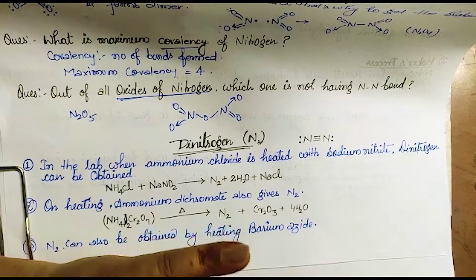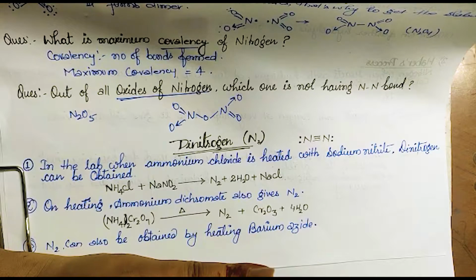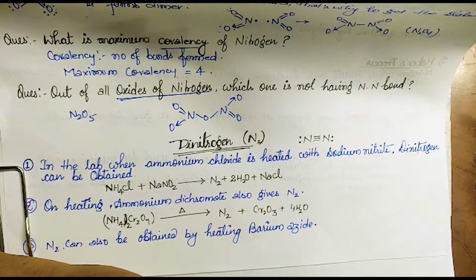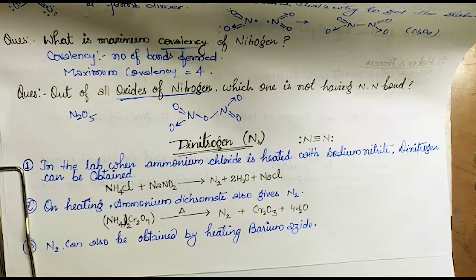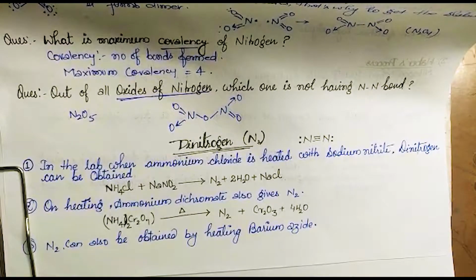Got it? If oxidation is occurring in the reaction, for sure reduction will be there. There is no such reaction in which only oxidation or only reduction occurs. If one element is undergoing oxidation, for sure another element will be there to be reduced. This is the first point.